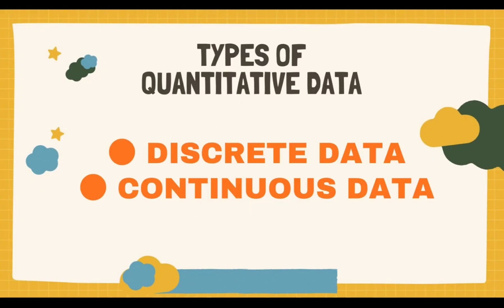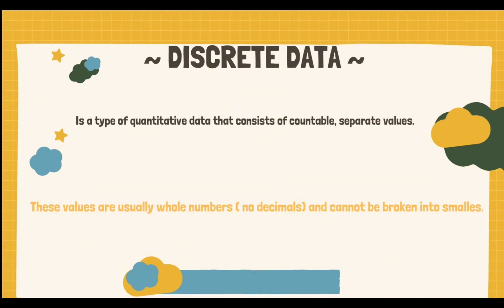Now, here's something important. Quantitative data has two types. First is discrete data. Discrete data is a type of quantitative data that consists of countable or separate values. These values are usually whole numbers, no decimals, so you can count them one by one.